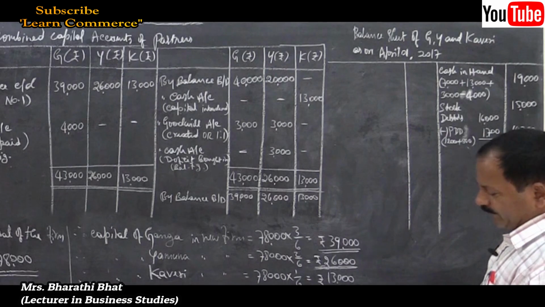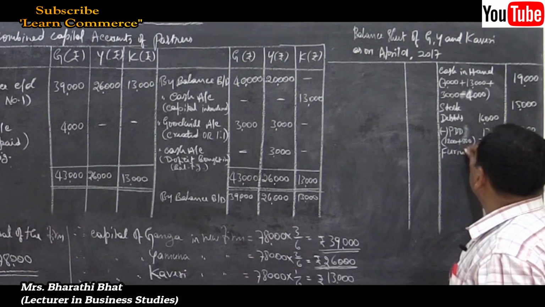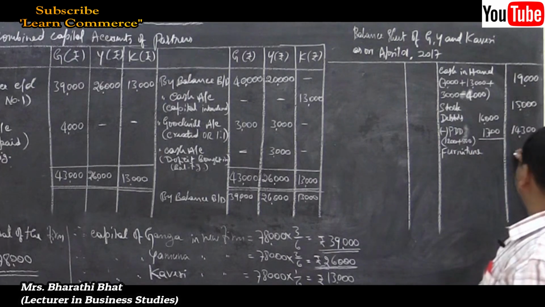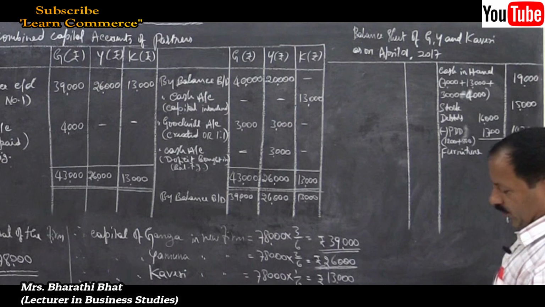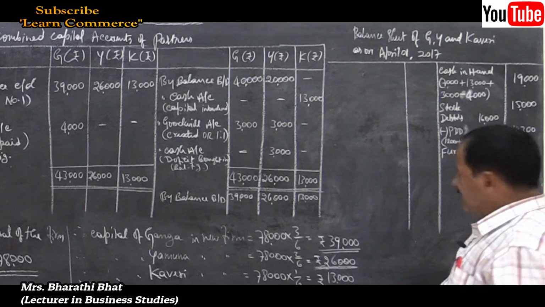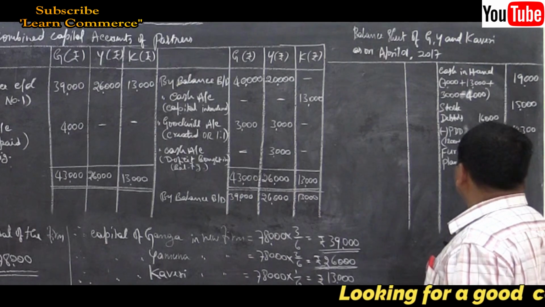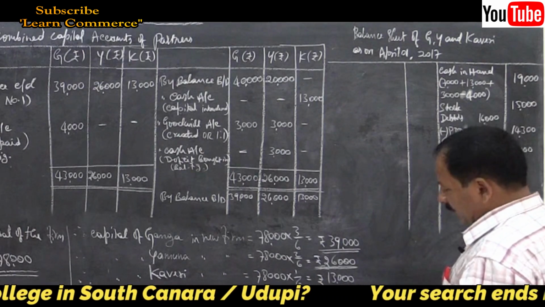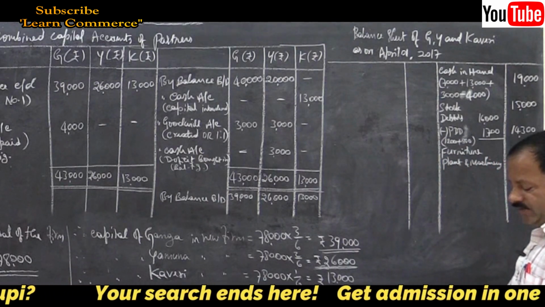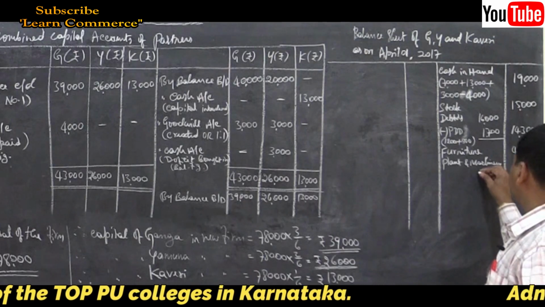Then what else? Furniture 4,500. Then what? Plant and machinery. How much? 18,000 minus depreciation.